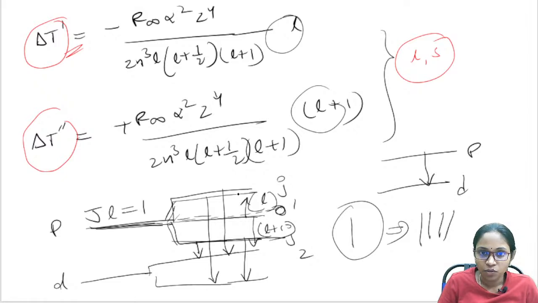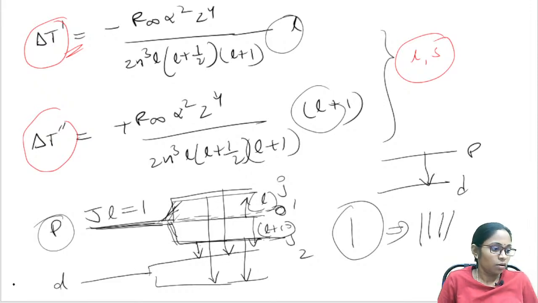For L equals 1 we have two different J values. The p orbit is split into two more energy levels, and the d orbit is split into two energy levels. That is, a single orbit is split into double orbits having two different J values for a given L value.